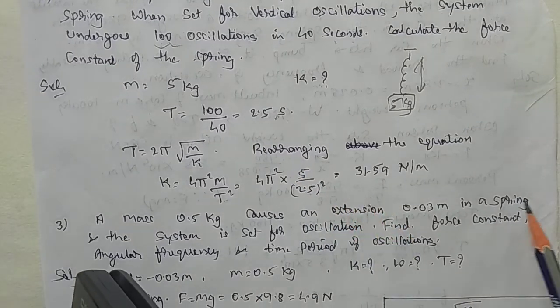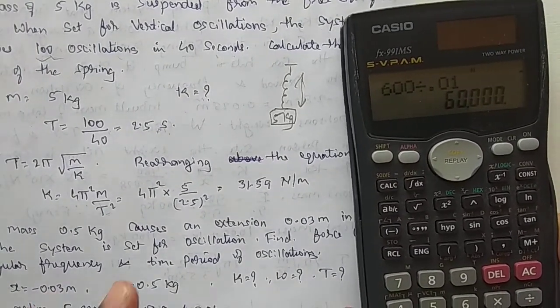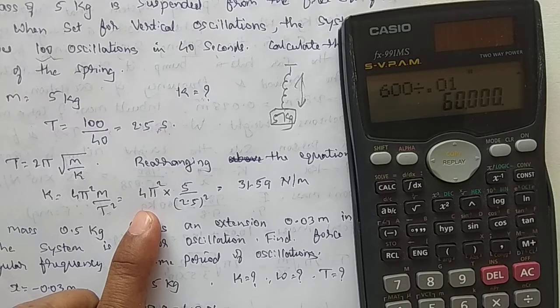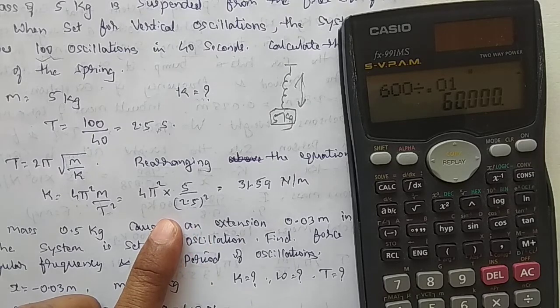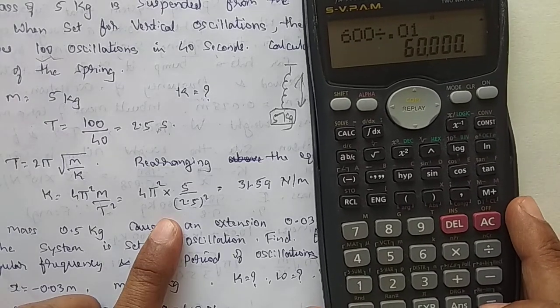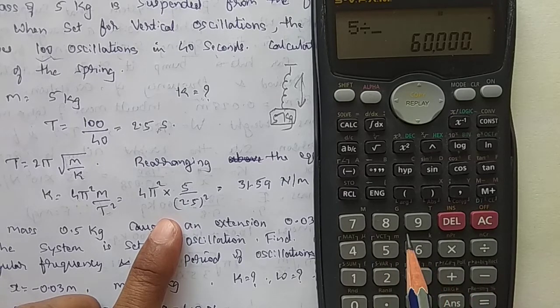Now how to calculate this? First, what is 5 divided by 2.5 square? This we can do from the calculator. It is 5 divided by, in bracket, 2.5, close the bracket, whole square.